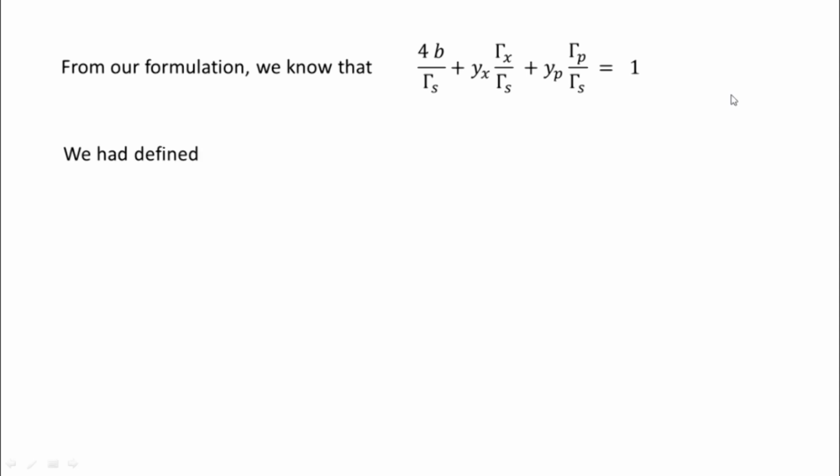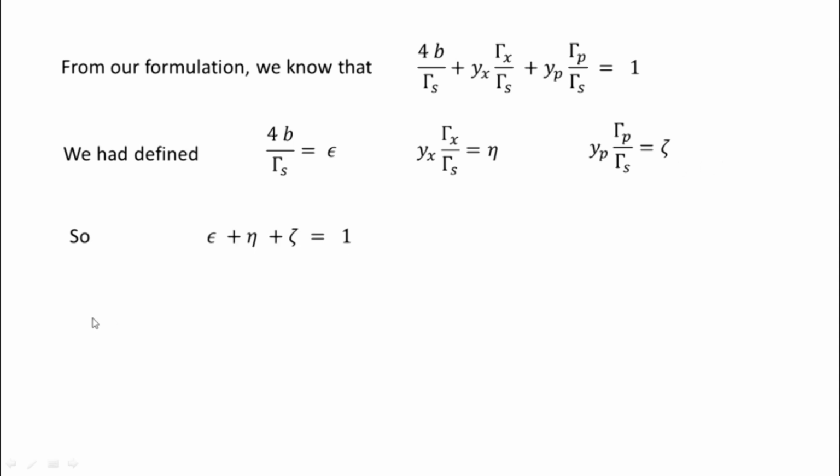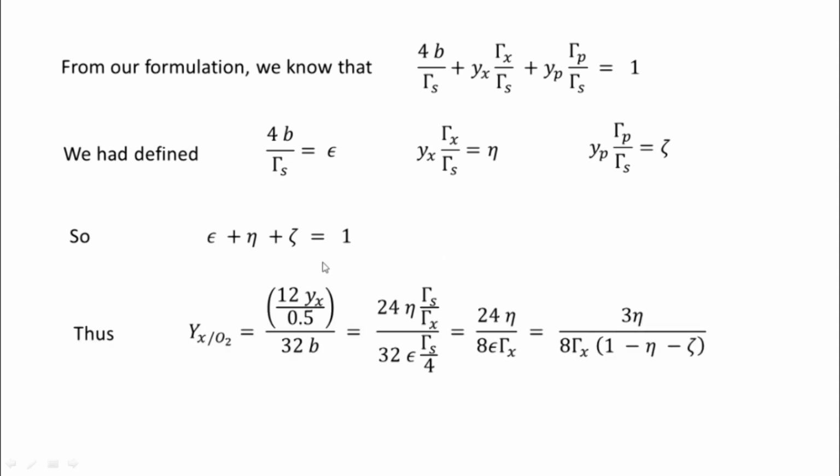Therefore, we had defined 4b by gamma S as epsilon, Yx gamma X by gamma S as eta, and Yp gamma P by gamma S as xi. So, epsilon plus eta plus xi equals 1. This we have already seen. Just repeating this.